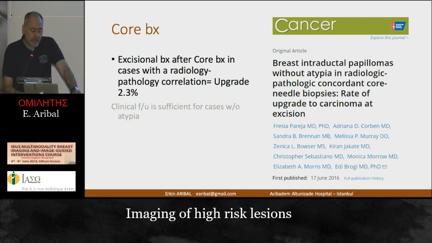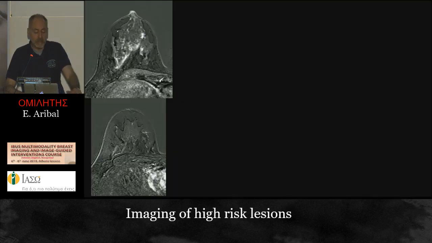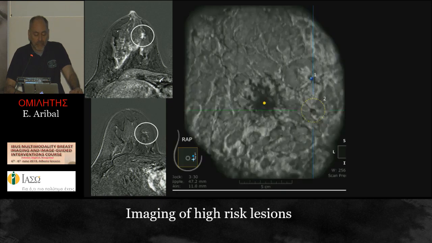When there is radiology-pathology correlation, the upgrade to malignancy is very low. So you don't need to excise them if there is no atypia, if they are not multiple, if they are not peripheral. This is a case where you see contrast enhancement here. It looks like a mass, and here it looks like a distortion.